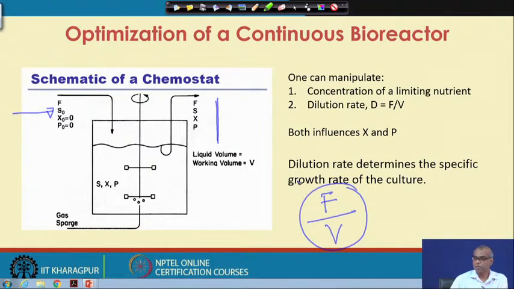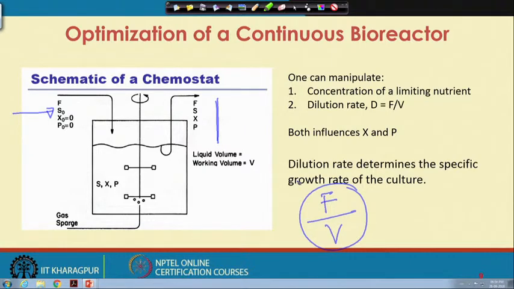Dilution rate determines the specific growth rate of the culture. So, the production rate of the biomass is dependent on the dilution rate. In that case, the substrate consumption will also change upon change in the dilution rate.